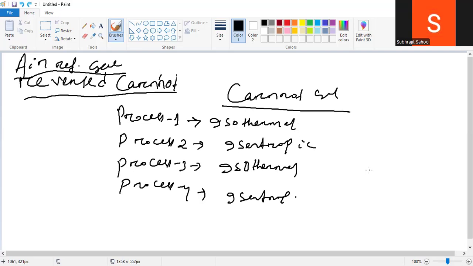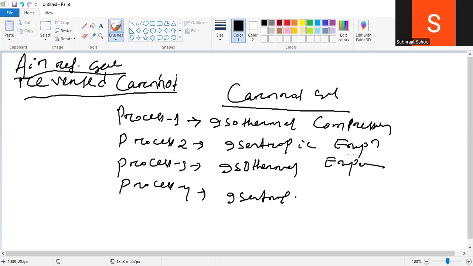Right? Sir, what is this isothermal? Isothermal compression, then isentropic expansion, then isothermal expansion, then isentropic compression. Maybe the order is changed, no problem, we'll see it in the diagram.